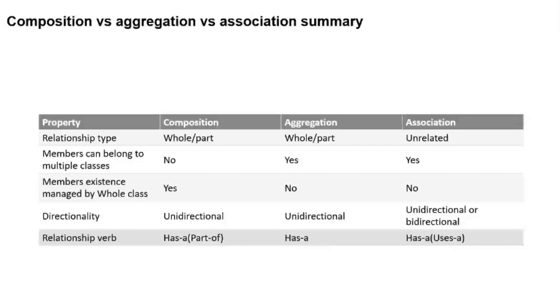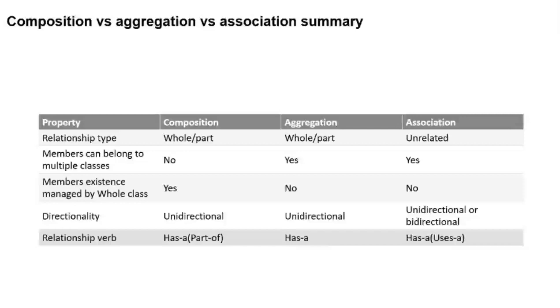The second property we should take into account is whether members can belong to multiple classes. In composition, members cannot belong to more than one whole class. In aggregation, however, a member may belong to different whole classes. In association also they belong to more than one whole class. The third property is whether the member's existence is managed by the whole class.